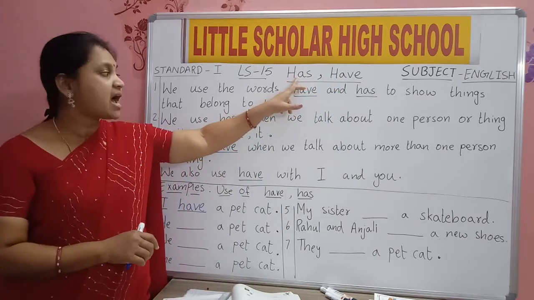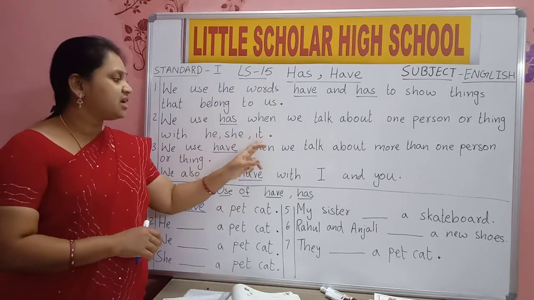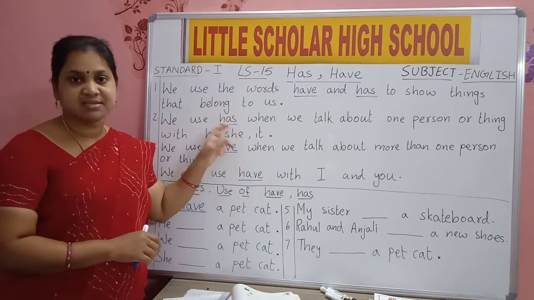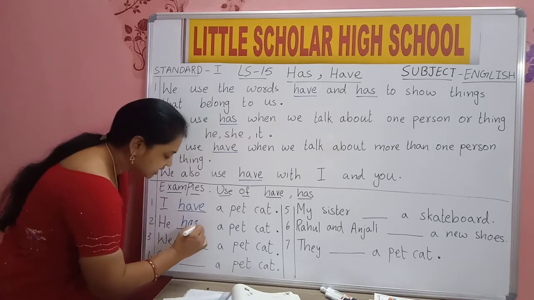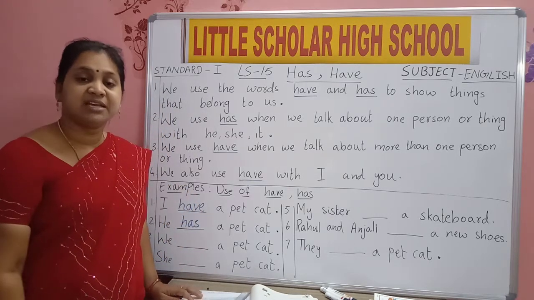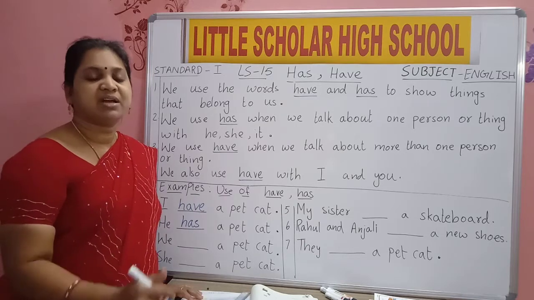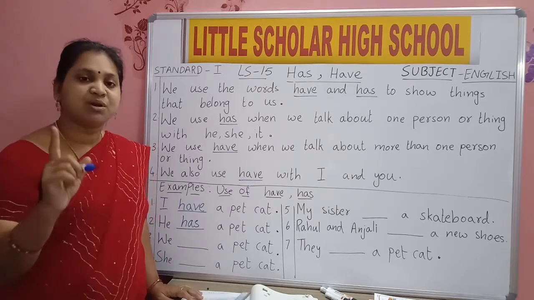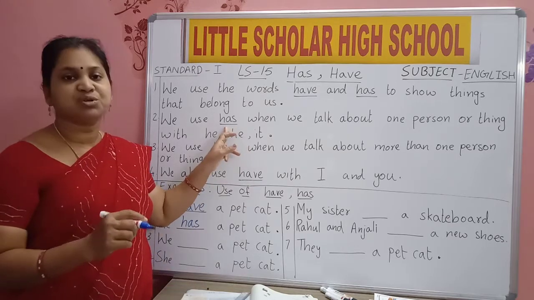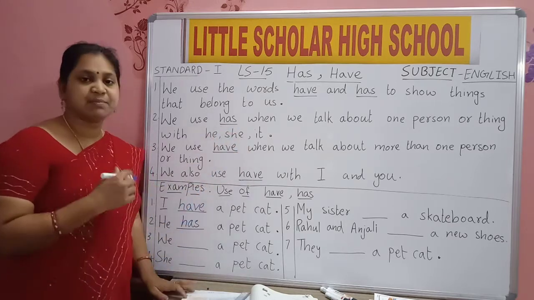He, she, it: has. He has a pet cat. When we are talking about one girl, one boy, or one thing, to show things belonging to them, we should use has. He has a pet cat.